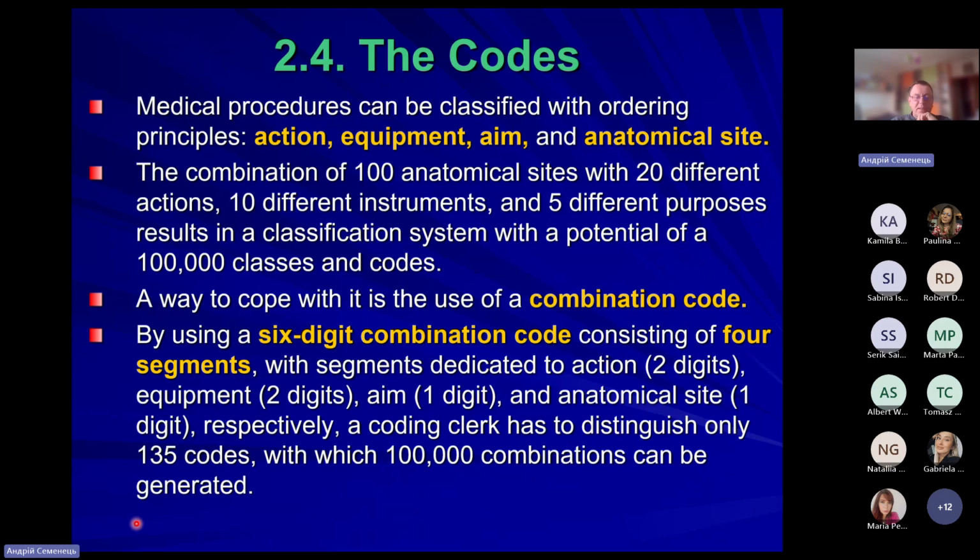So the example is to cope by using a combination code: a 6-digit combination code consisting of 4 segments, with segments dedicated to action, 2 digits, equipment, 2 digits, aim, and sites, respectively. It also lets us distinguish only 135 different codes, from which potentially 100,000 combinations can be generated.